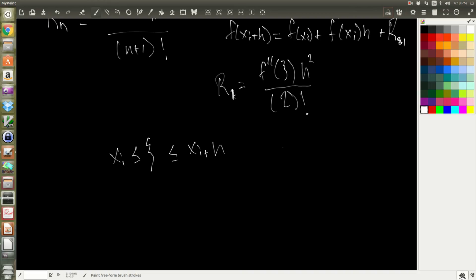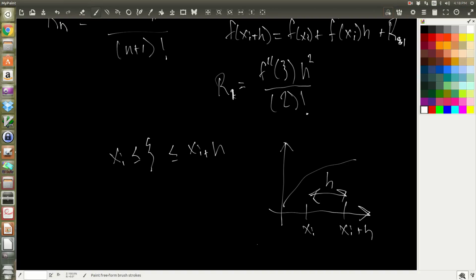So all that we guarantee is that psi is somewhere in this interval, where this is xi and this is xi plus 1 or xi plus h, where h is this distance here. Okay, this is our function. So that's the definition of the Taylor remainder. And so the Taylor remainder gives the order of error of our approximation.